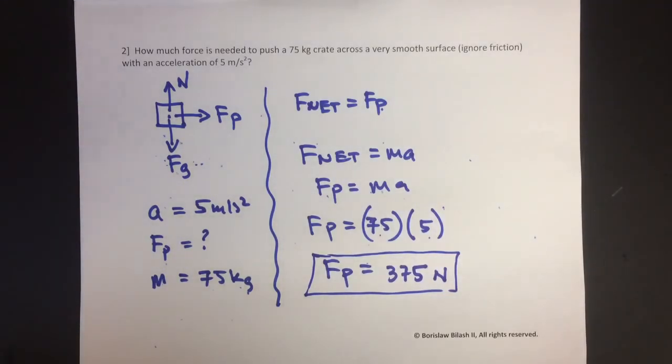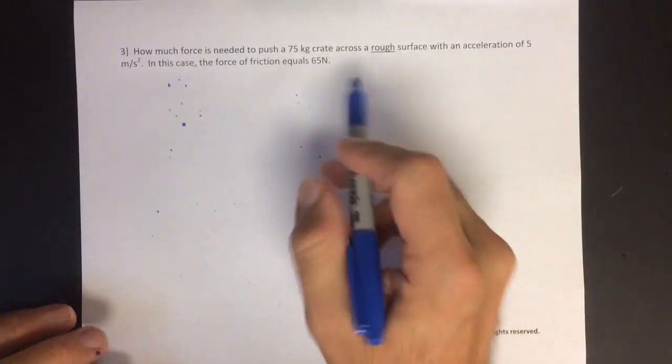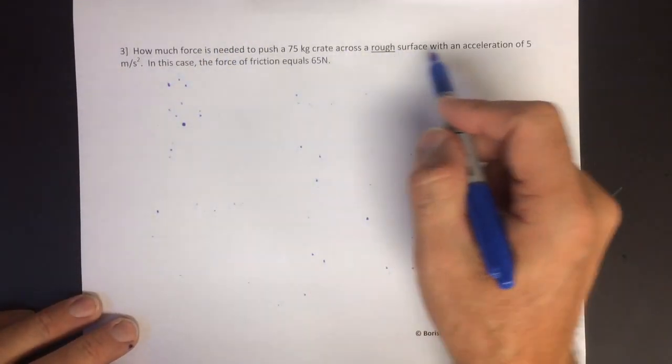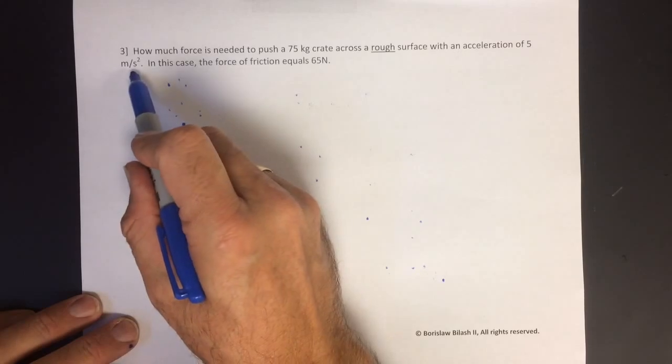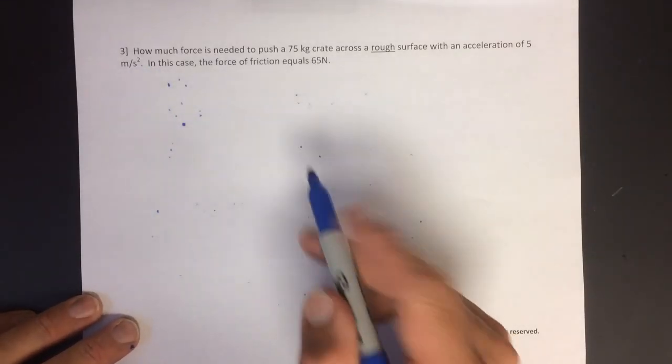In the next problem, we're going to be solving the problem using a rough surface. So we're not going to be ignoring friction. So how much force is needed to push a crate across a rough surface with an acceleration of 5 meters per second squared? In this case, the force of friction equals 65 newtons.